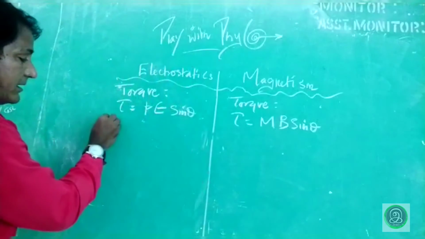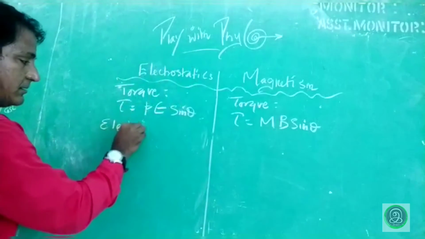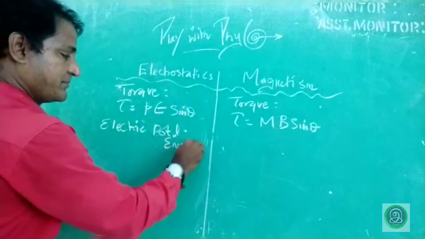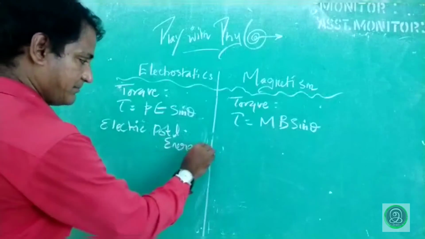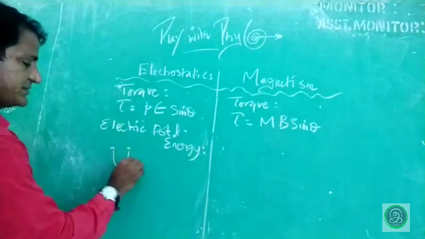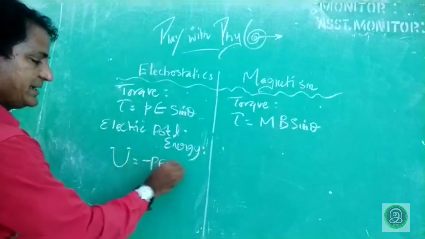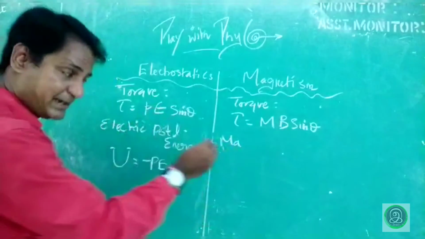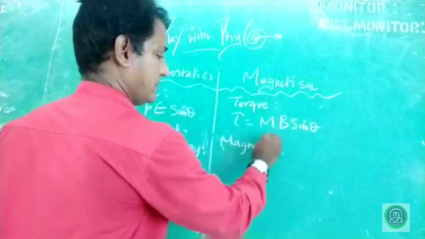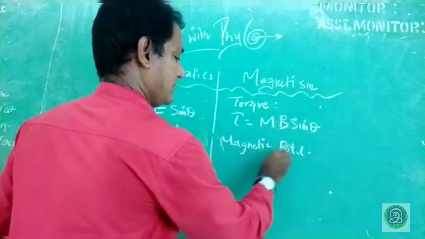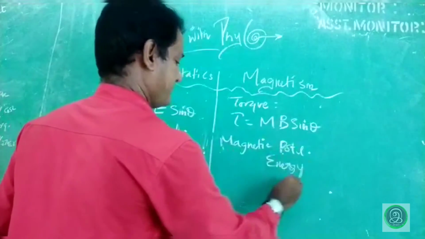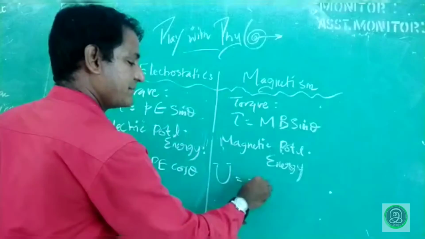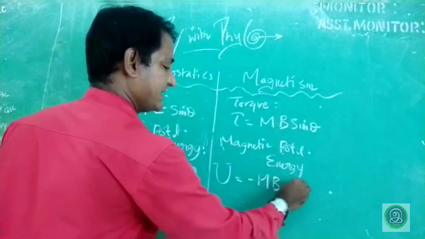Then electrostatic potential energy or electric potential energy, epsilon is equal to minus pE cos theta. Here magnetostatic or magnetic potential energy is epsilon is equal to minus MB cos theta.